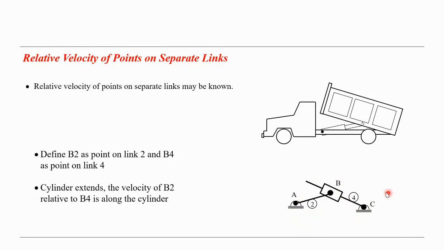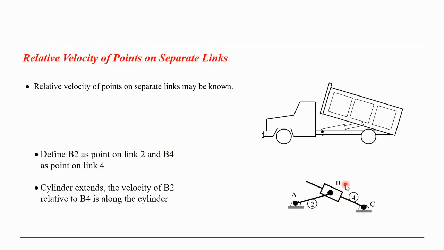A, B, C. A is the crank, B is the slider, and BC is the line along which the slider is moving. Our problem defines B2 as a point on link 2, this is our crank, and B4 as a point on link 4.